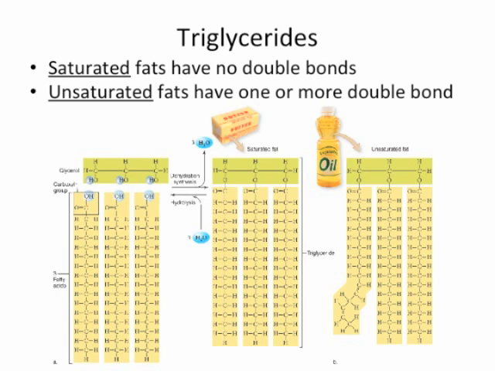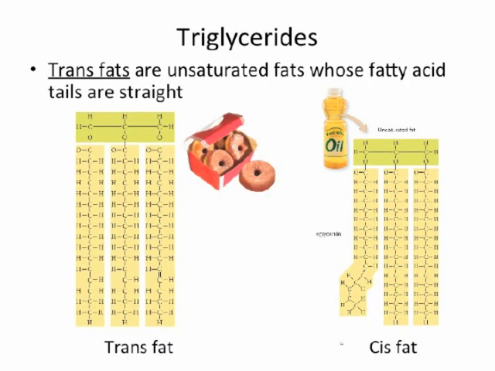Okay, so a trans fat is an unsaturated fat whose fatty acid tails are straight. So again, if you look at this, you've got these double bonds between carbons and it causes a bend to the tail. Here you've got double bonds, but they're still straight.